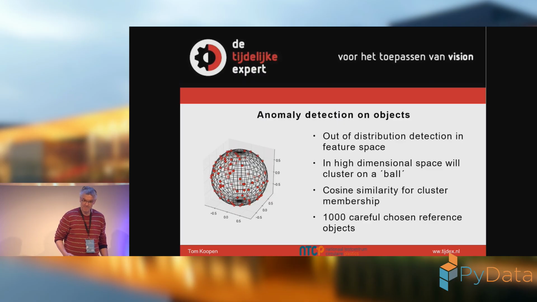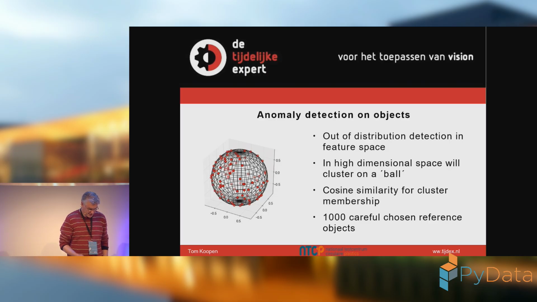The distribution of data in high-dimensional spaces is always on a ball. Imagine you have like 700 features and a random sample: you will never have a vector of 0, 0, 0, 0, 0. That's very, very uncommon. So the data is really on a ball.